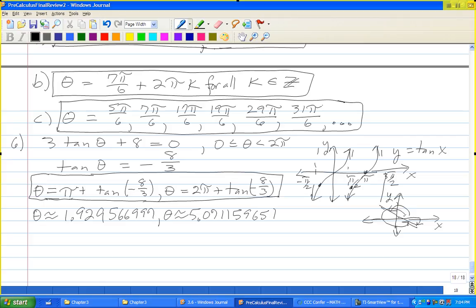It said, use calculator to solve this. Okay, so there they are. Those are your approximate answers between 0 and 2 pi.